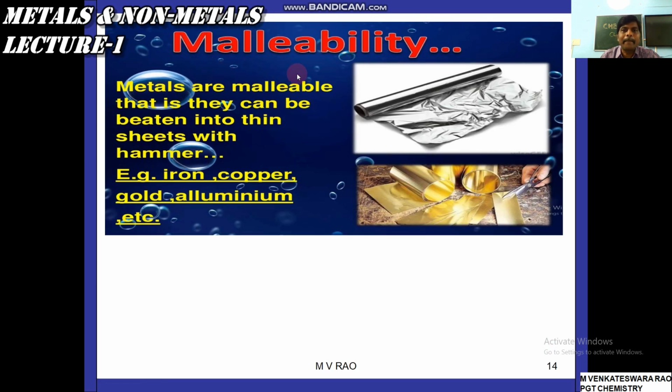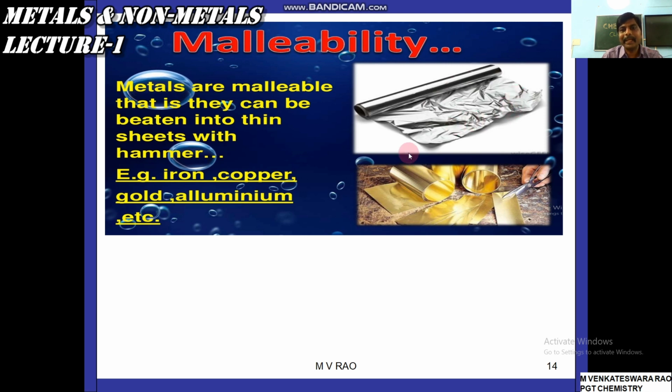Okay, next one, malleability. What is meant by malleability? Metals are malleable. That means they can be beaten into thin sheets with a hammer. For example, you can find iron sheets, copper sheets, gold foil, aluminum foil.